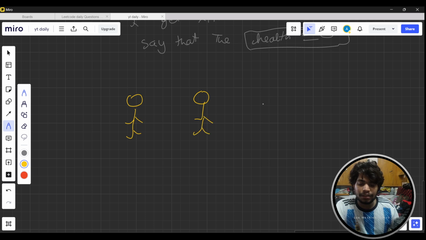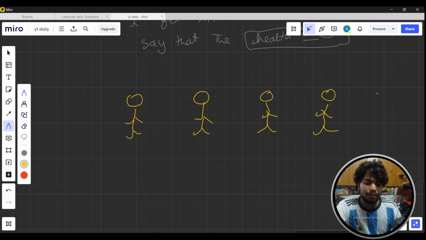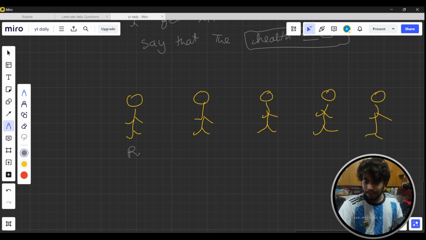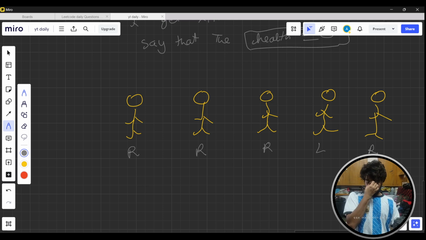They are moving in such directions. Let's say this is moving in right, this is also moving in right, this is moving in right, this is moving in left, and this is also moving in right. So there will be no collision between these three, and the first collision will occur here.